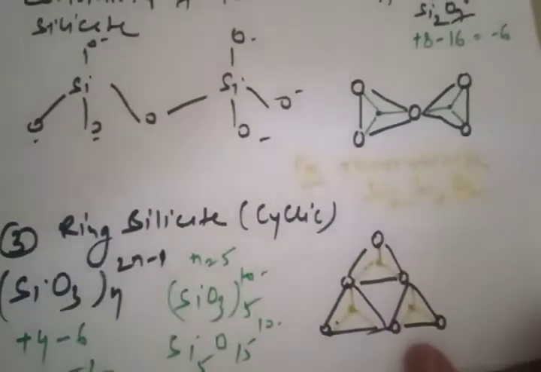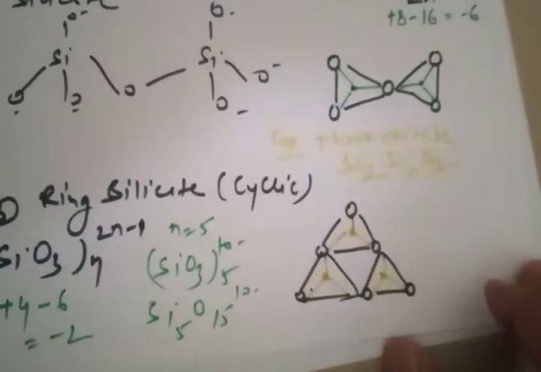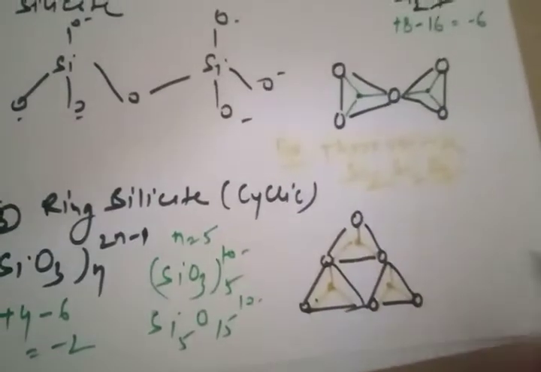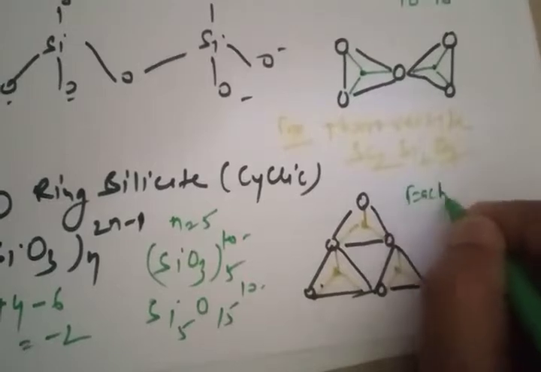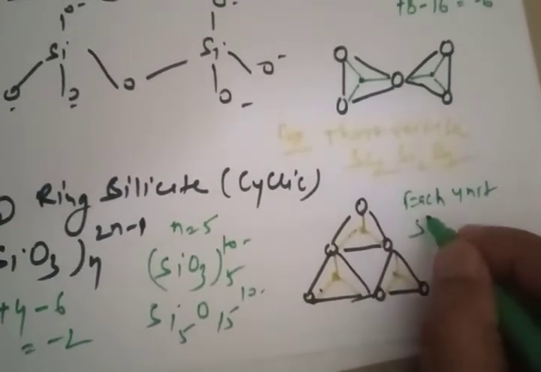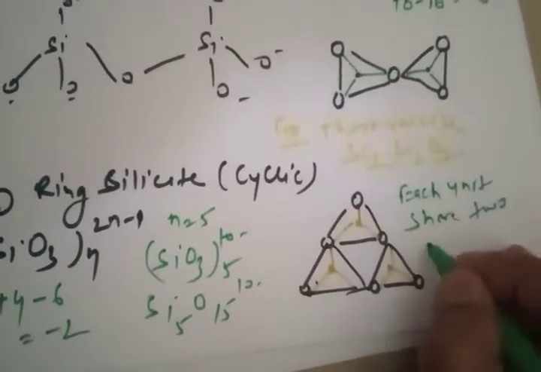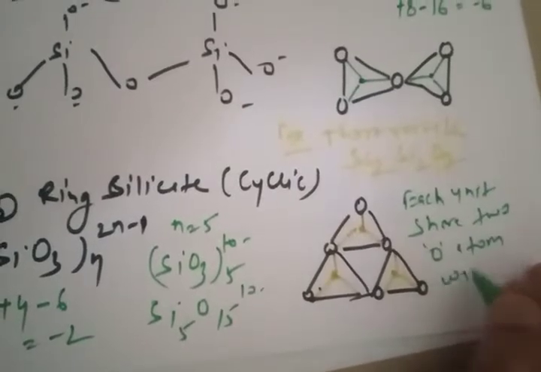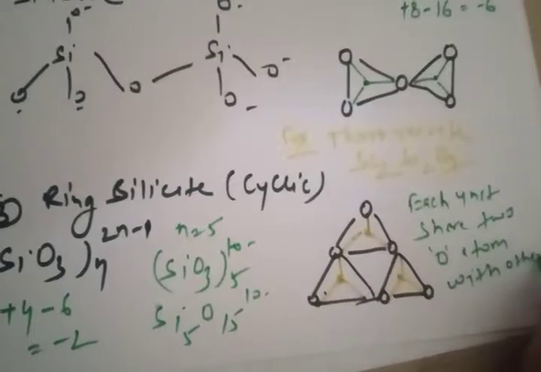Now one important point here in case of ring silicate: each unit shares two oxygen atoms with other units.